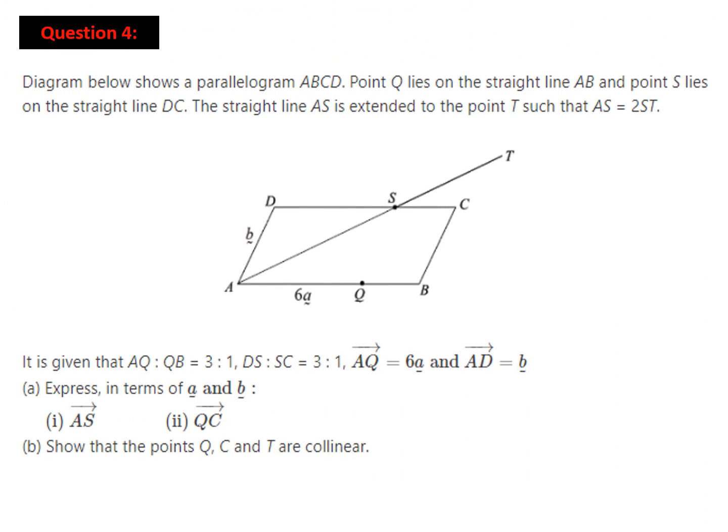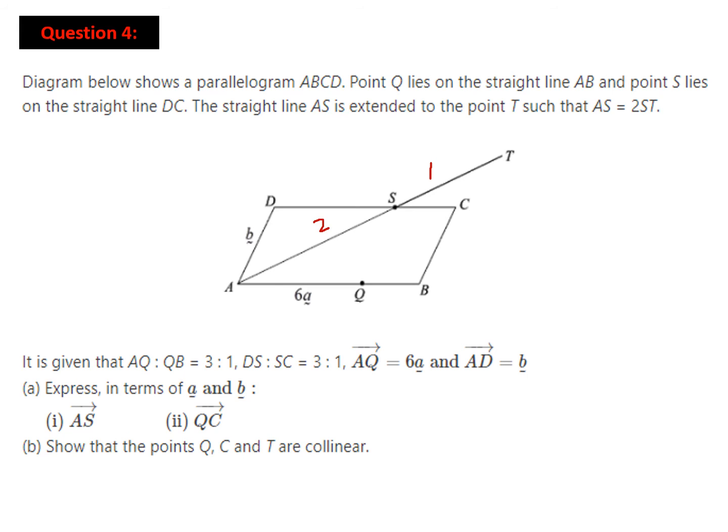Question number 4. The diagram below shows a parallelogram ABCD. Point Q lies on the straight line AB and point S lies on the straight line DC. The straight line AS is extended to the point T such that AS is 2ST.